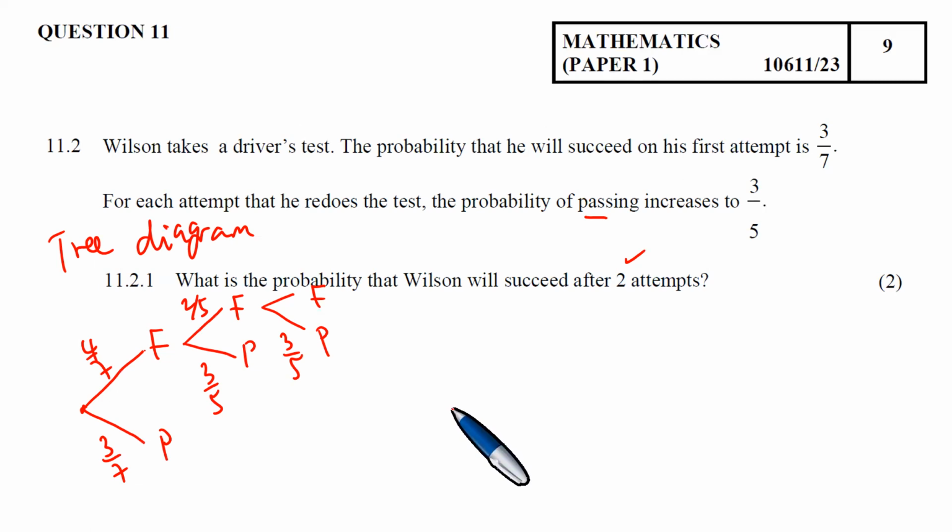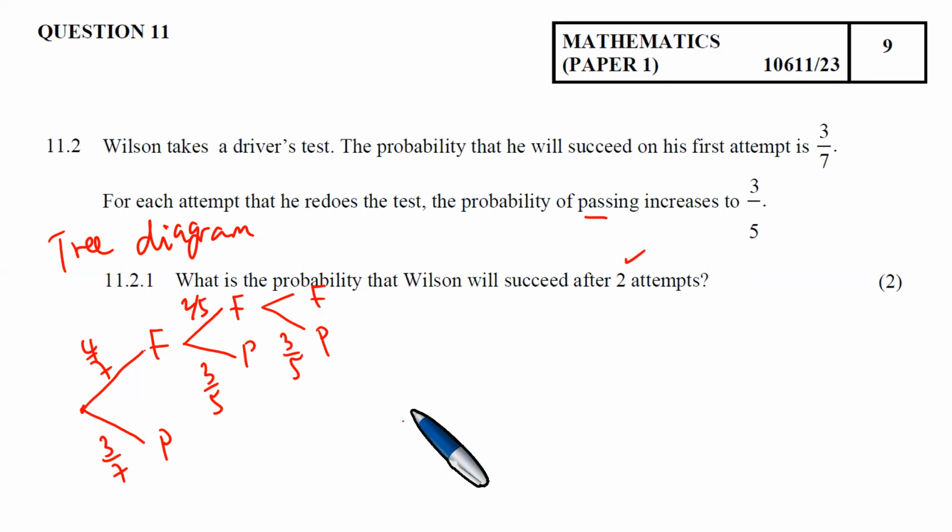We know that the probability of him failing on the first attempt is 4 out of 7, because the probability that he will succeed on his first attempt is 3 out of 7. So what would the probability that Wilson will succeed after 2 attempts be?